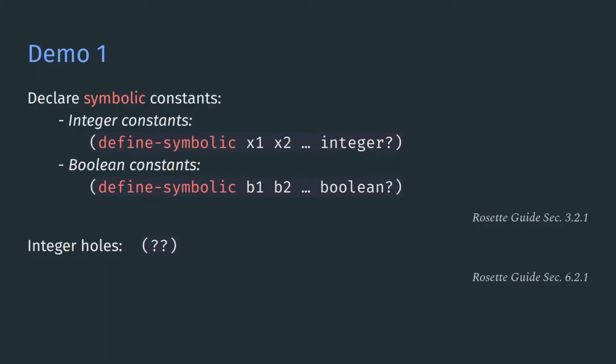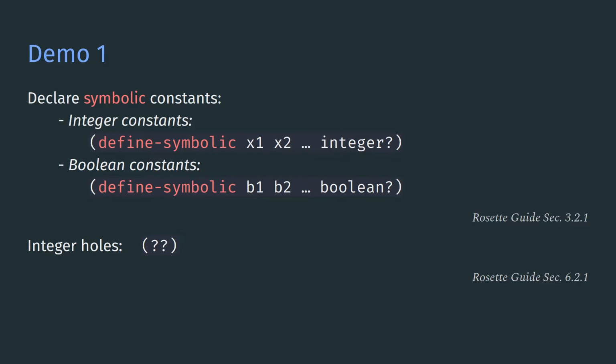In this short demo, we've seen how to use the synthesize construct and also how to declare symbolic constants, which are the constants you can use in the for all part of the synthesize. If you want to declare integer constants, you use define-symbolic, then the list of variables you want to create, and then integer, which is the keyword for the type of integers.